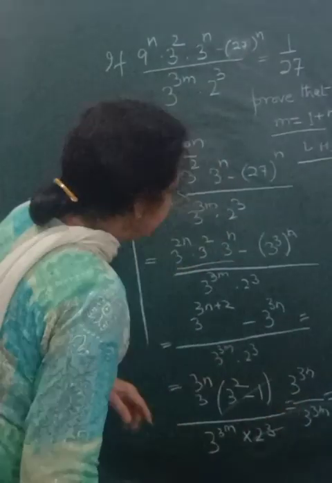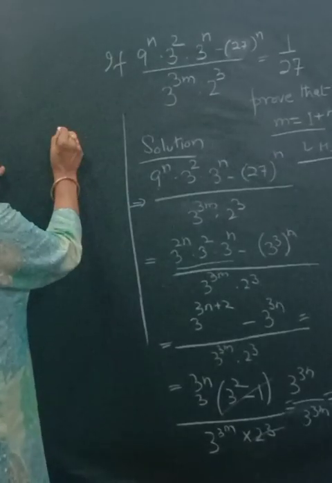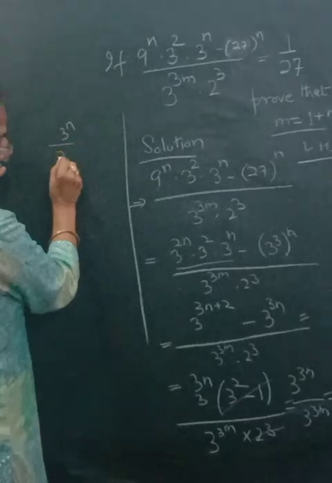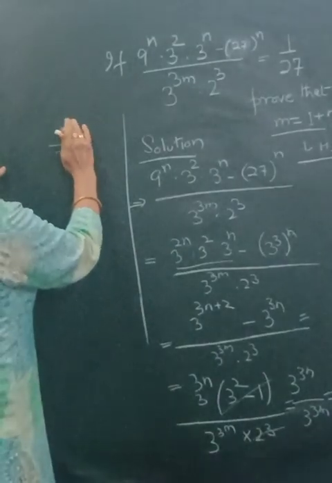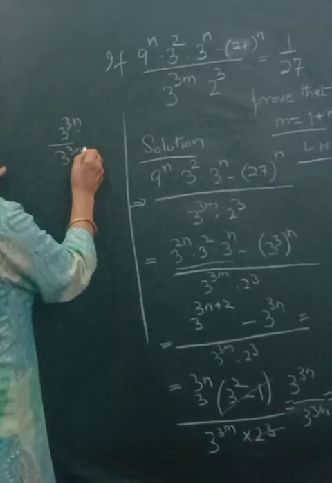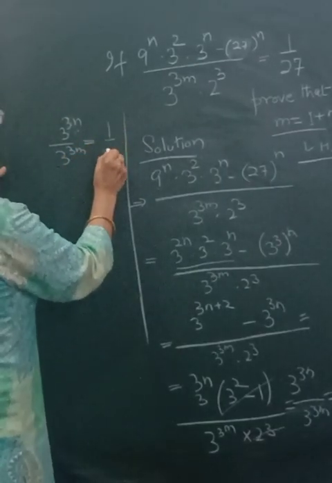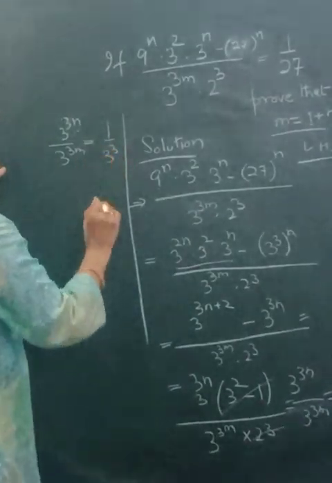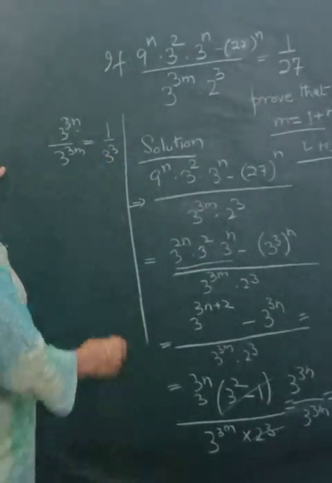Now we have 3 to the power 3n upon 3 to the power 3m is equal to 1 upon 3 to the power 3. Okay, this is the required form.